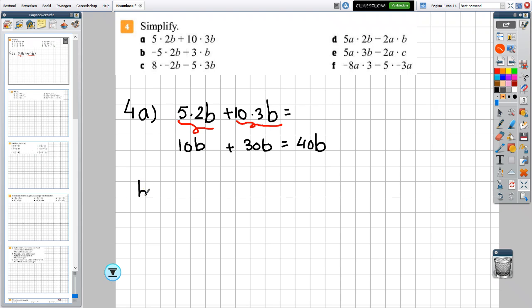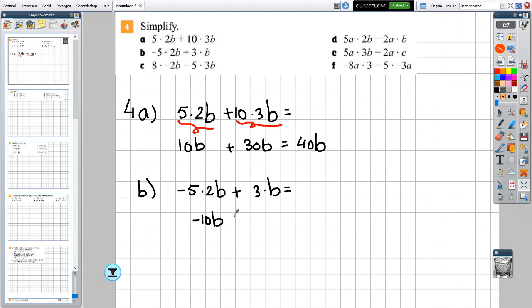Right, let's take a look at b. At b, I say minus 5 times 2b plus 3 times b. Same applies here. First do the multiplications if you have something like this. Minus 5 times 2b, first multiply the numbers, minus 10b, and then put the letter afterwards, right?